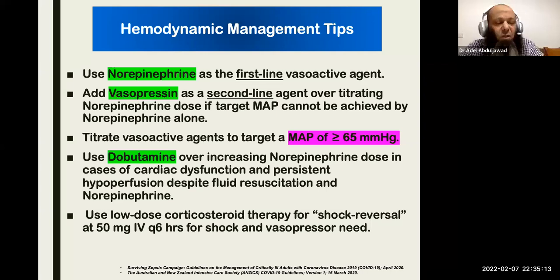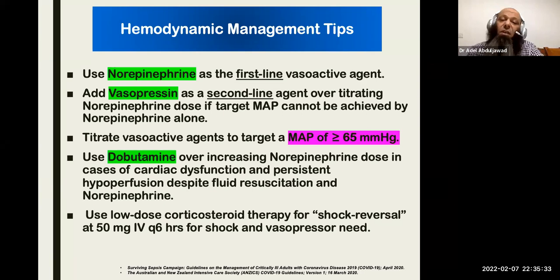What about the vasopressors? Usually use norepinephrine as the first line vasoactive agent. Add vasopressin as a second line agent over titrating the norepinephrine dose if you are targeting MAP and it cannot be achieved by the norepinephrine alone.